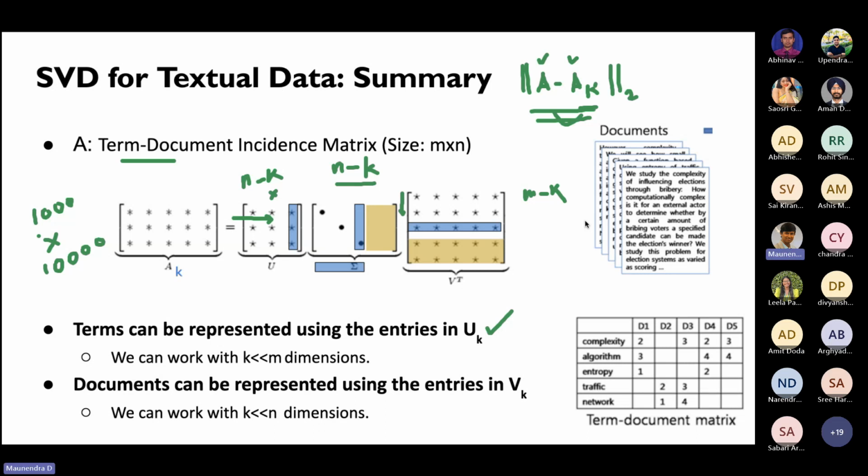Okay, your eigenvalues are lambda 1 to lambda r, right? You add up all of them, and now you go from lambda 1 to lambda 2 to lambda 3 and see how much proportion of the total sum you are recovering. Suppose the summation of all the lambdas is lambda.